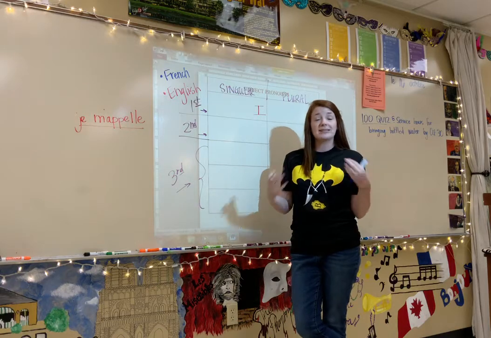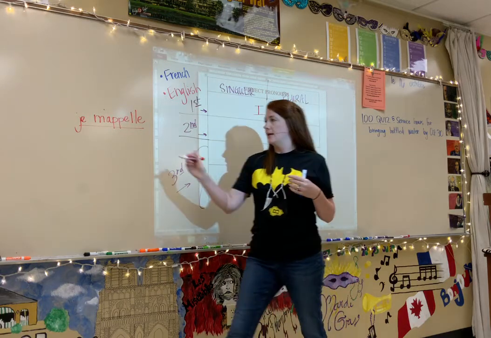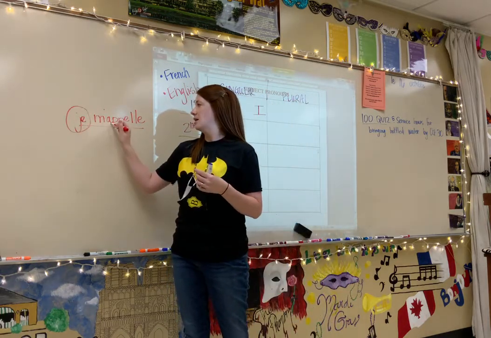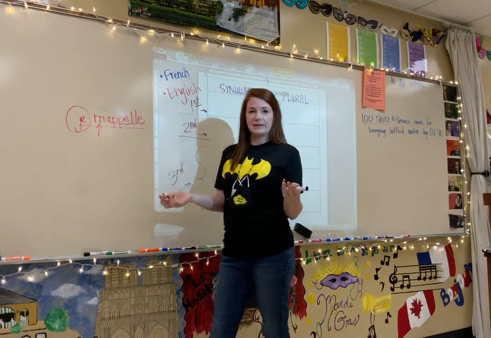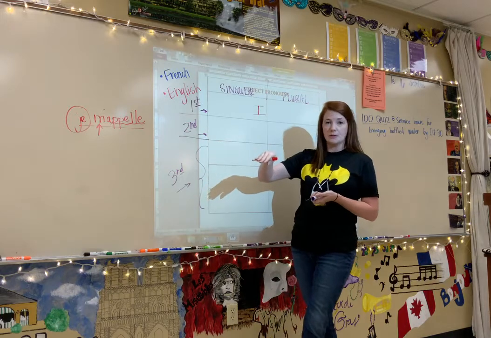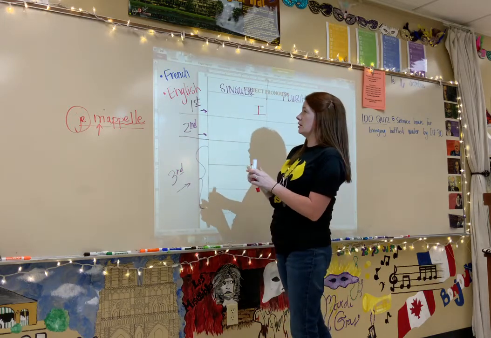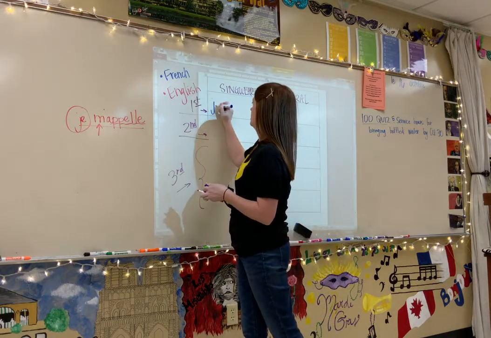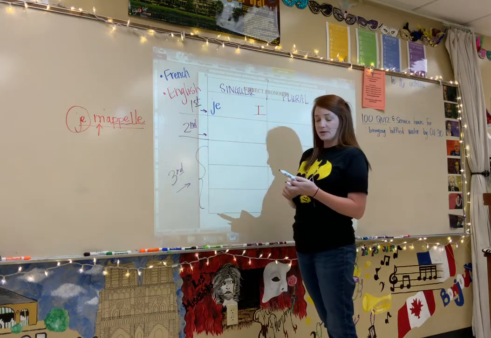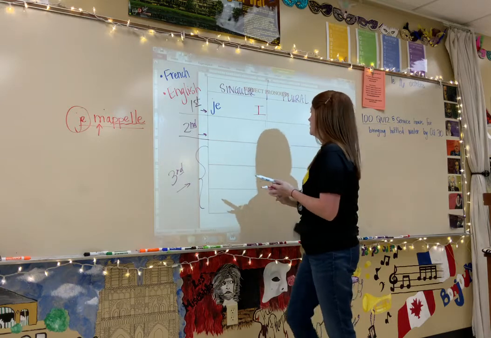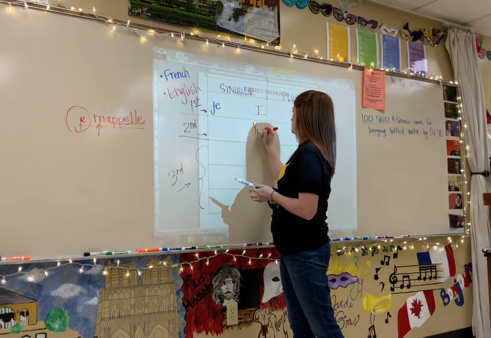And that is true, that's how we say it. But the French say, I call myself. So you already knew how to say I. So just like you said je for je m'appelle, je over here, it's going to be in blue, means I, okay?